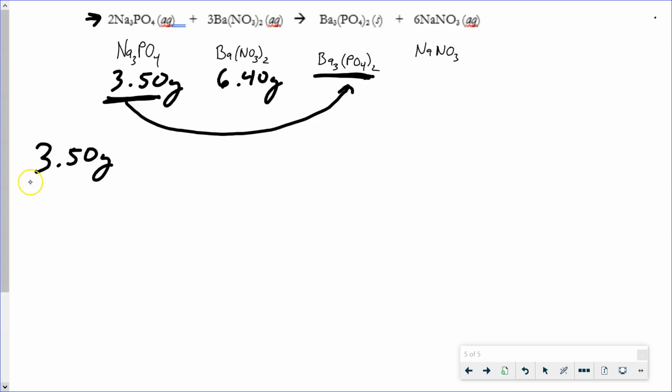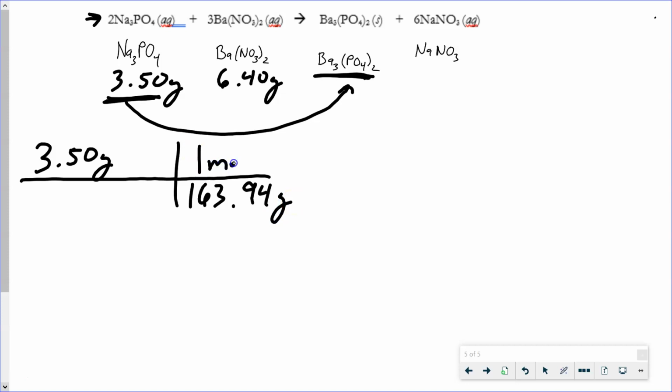Alright, so we'll go ahead and set this up. I'm going to put my units in a minute since my program is not very smart. So we're going to go from grams of the sodium phosphate to moles. 163.94 grams of the sodium phosphate is 1 mole of the sodium phosphate.